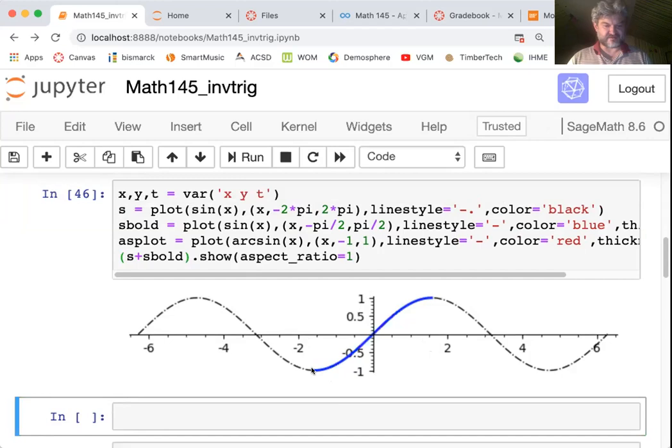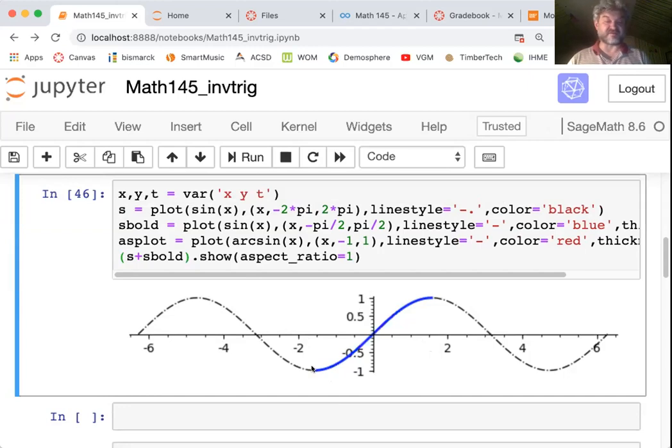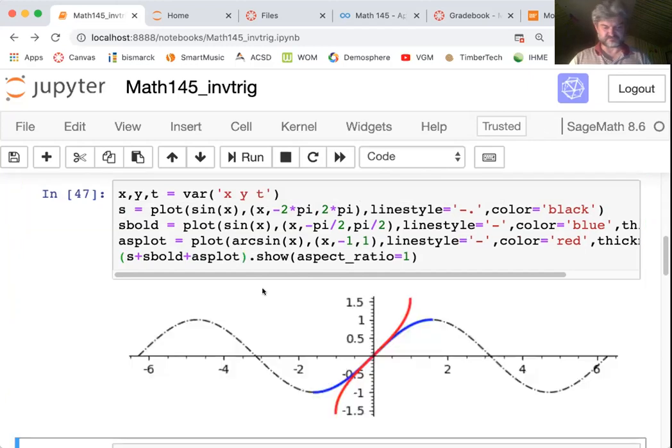Again, it's passing the horizontal line test because no horizontal line can intersect that twice because it's increasing. And then we plot the graph of the arcsin function in red, and they're mirror images.